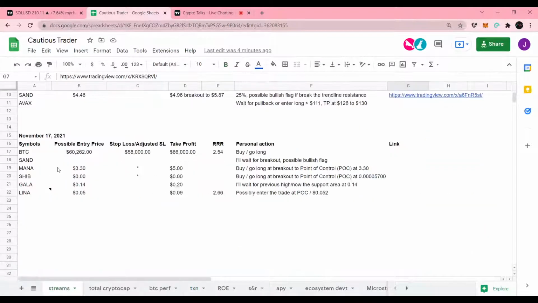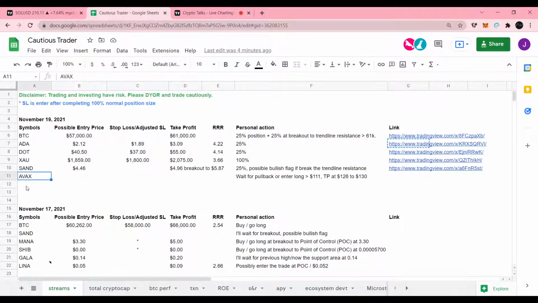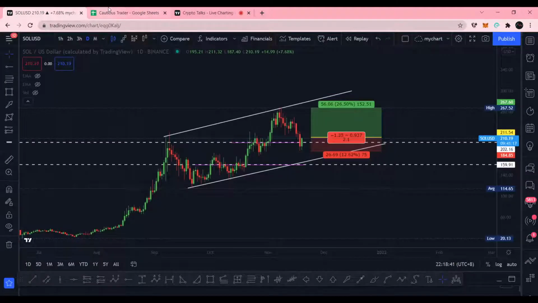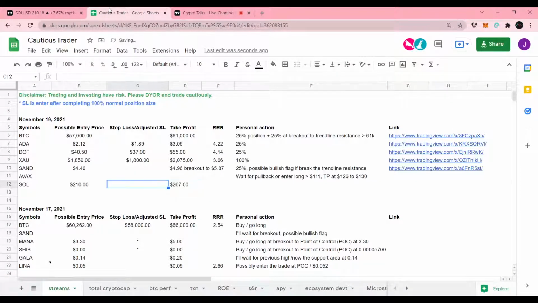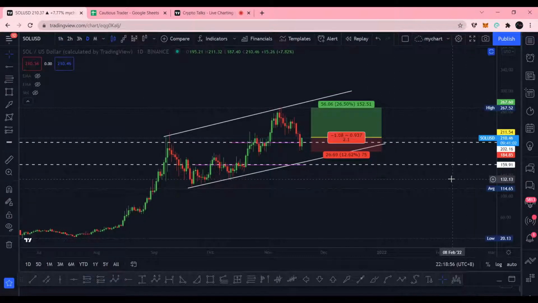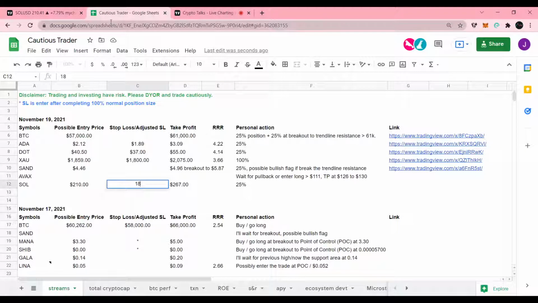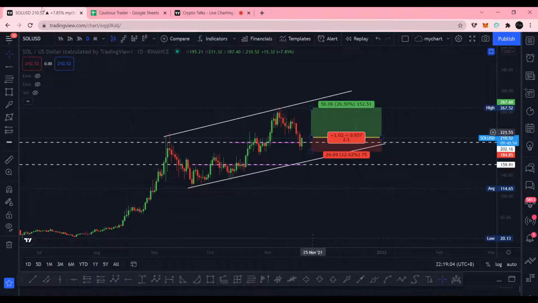So possibly I might re-enter at 210 and then take profit at all-time high, which is 267. And then Solana, normally even Solana at just 25% of my normal position size. But if ever I do it in 100%, stop loss at 184. So that's a possible risk reward ratio of 2.10.